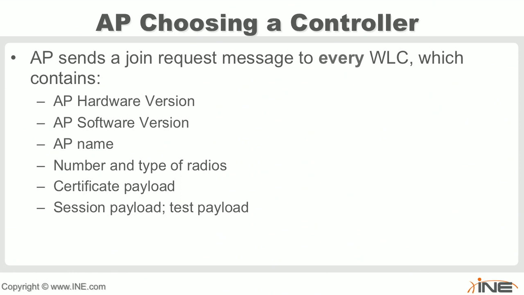So the idea of a certificate is that I need to send the WLC, the wireless LAN controller, assuming I'm the AP, my public key so that it can encrypt all traffic with my public key, and I, with my private key, am the only one that's able to decrypt that. And then it will in turn send me its public key, so that I can encrypt all traffic with its public key, and it's the only one that can decrypt that.